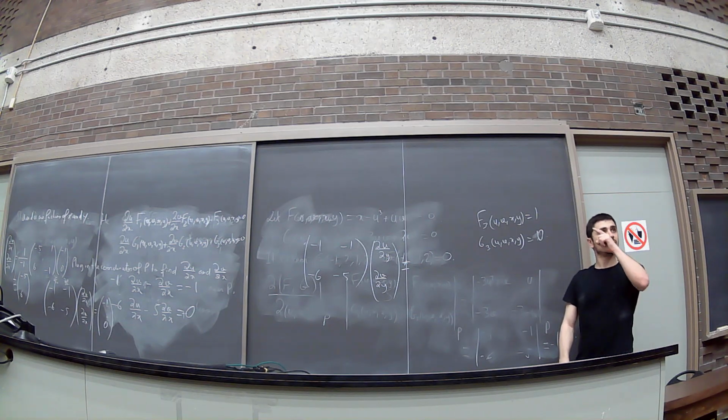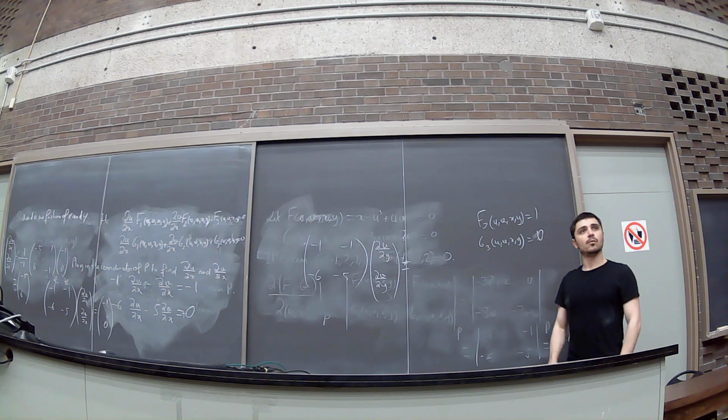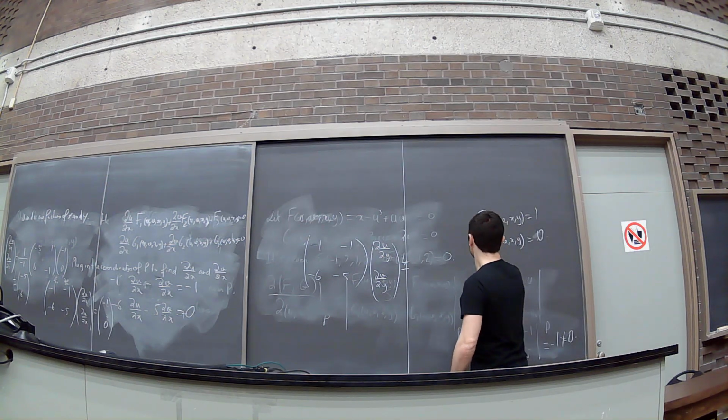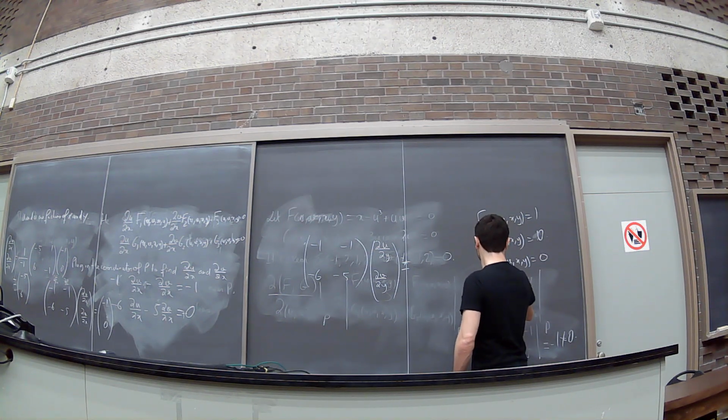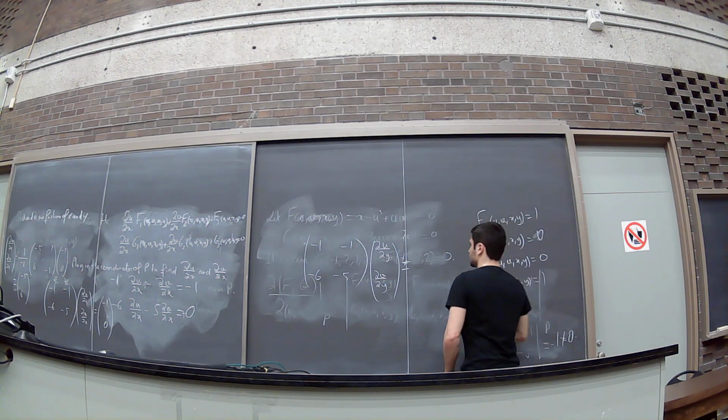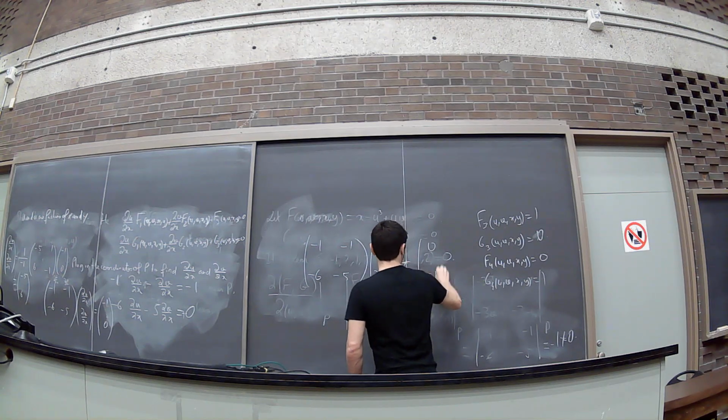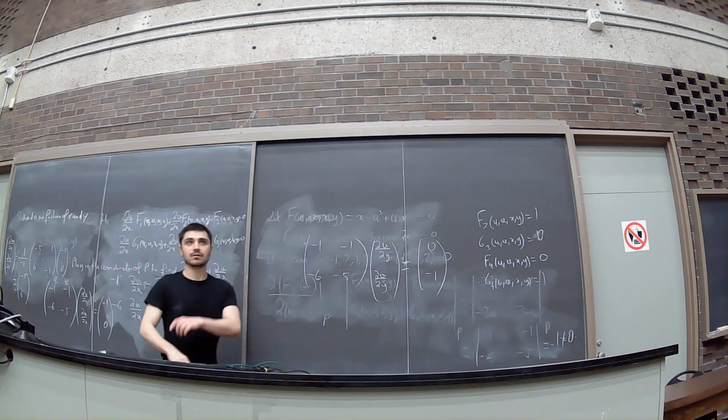It's minus f4 at the point, minus g4 at the point, right? What is f4? Zero, right? And what is g4? G4 is 1. So this is equal to 0 minus 1, and then you cancel. Okay?